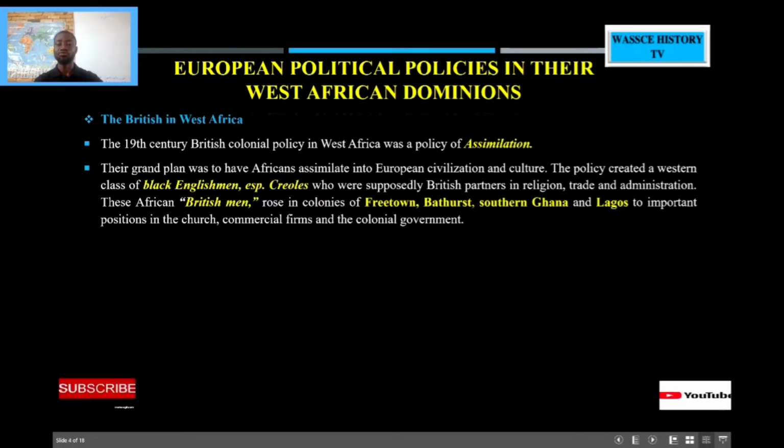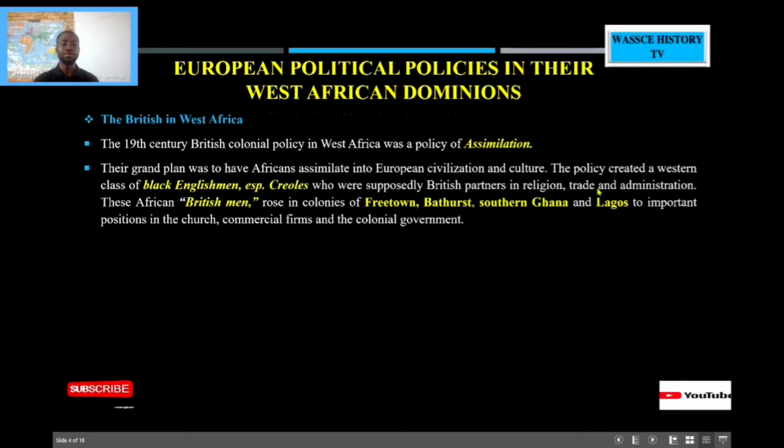So this policy would create a Western class of black Englishmen, known as the Creoles, who were supposedly to be the British partners in religion, trade, and administration. So they worked hand in hand with the British in these areas: religion, trade, and also administration.